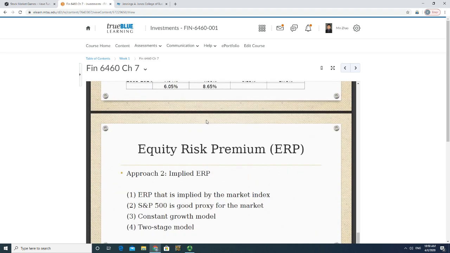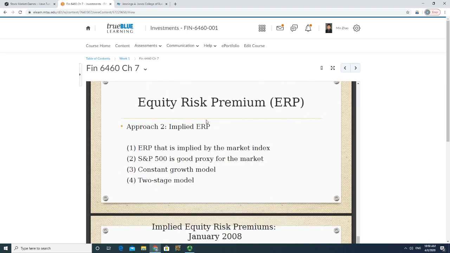And the second approach to estimate active risk premium is through the method called implied active risk premium. What is implied active risk premium? Well, implied active risk premium is the active risk premium that we can get from observation of the S&P 500 index.